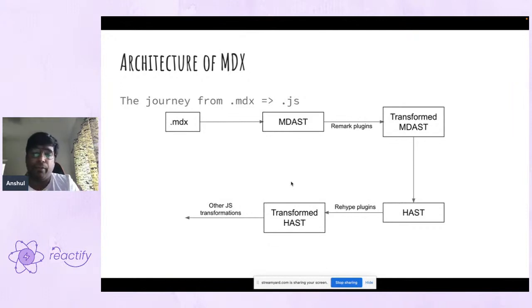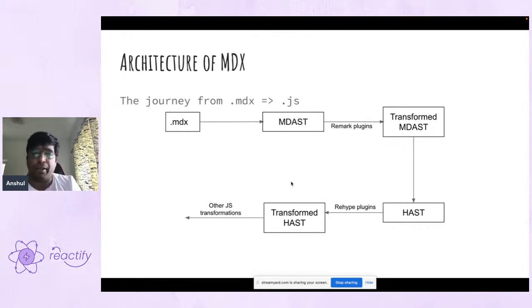Remark is a library for playing with the Markdown AST trees, and it is used by other libraries also, letting you add plugins of your own choice. MDX does the same. It provides Markdown Remark plugin support, and at this stage, you can write your own plugin.